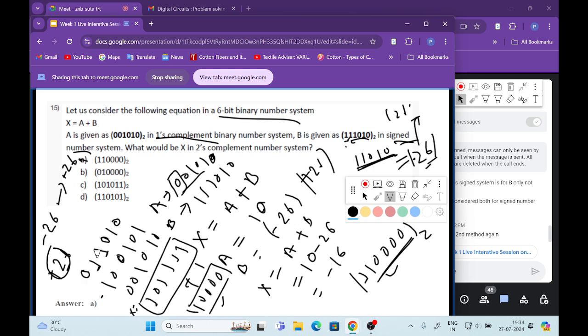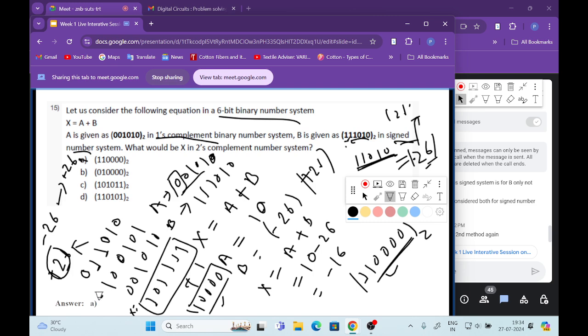If you take the decimal number of this, it is the plus 26 representation. Then A is in ones complement, that's why we take the ones complement of 26 to add this. Just convert 1 to 0, 1 to 0, 0 to 1, 1 to 0, 0 to 1.